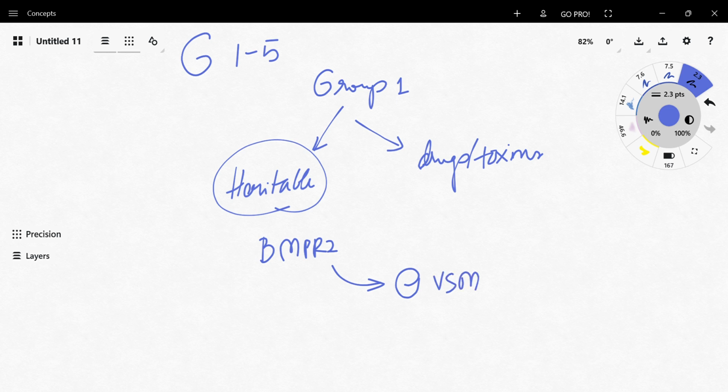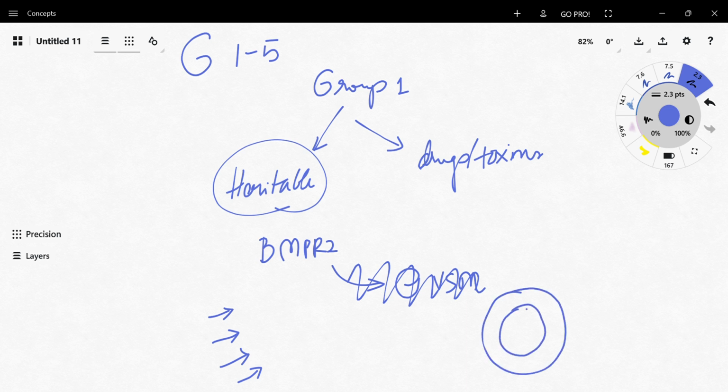So when that's not happening properly, you're going to have intimal hyperplasia, medial hypertrophy, intimal fibrosis, and plexiform lesions, wherein basically if this is the cross section of the pulmonary artery the way it's supposed to look like, by the time all the pathology sets in, you're going to have multiple plexiform capillary lesions inside your pulmonary artery.